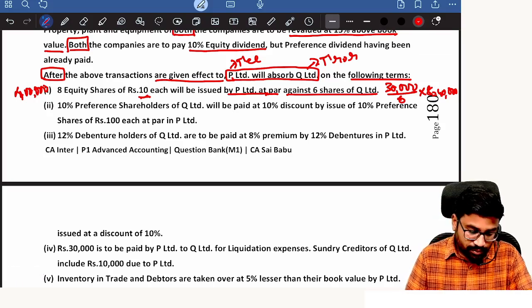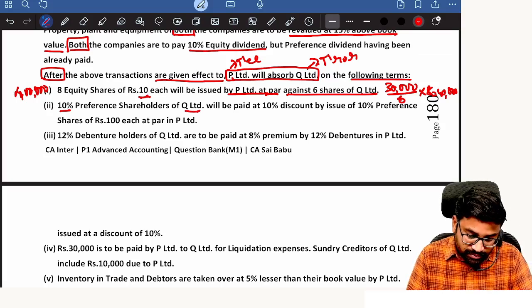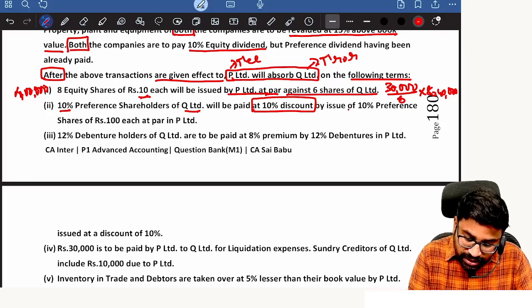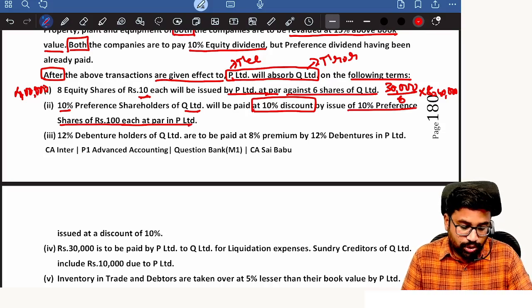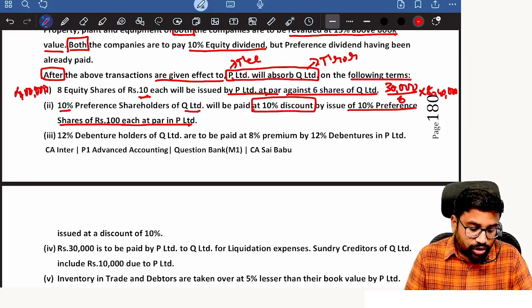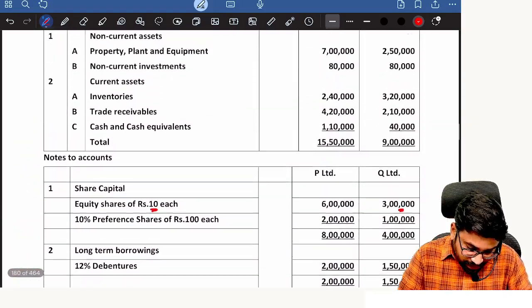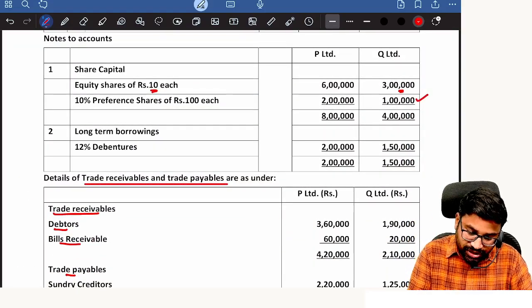Next, 10% preference shareholders of Q Limited will be paid at a 10% discount by issue of 10% preference shares of 100 each at par in P Limited. Look at the wordings. Now they are talking about preference shareholders' purchase consideration payment. In Q Limited the preference share capital is 1 lakh.